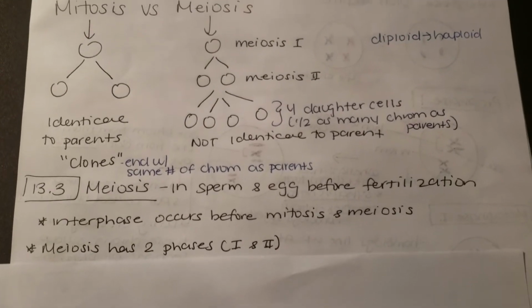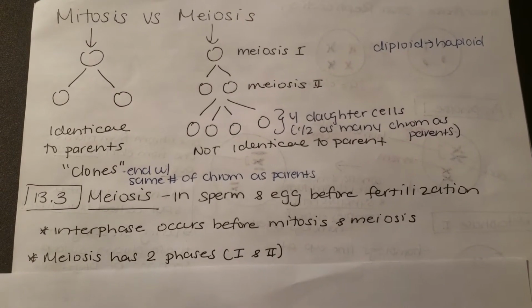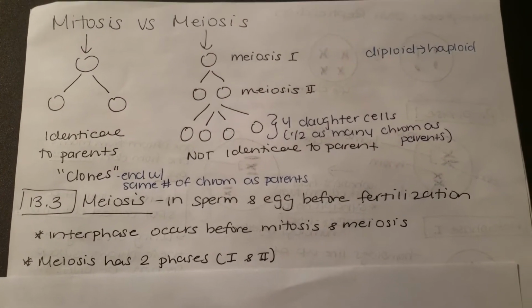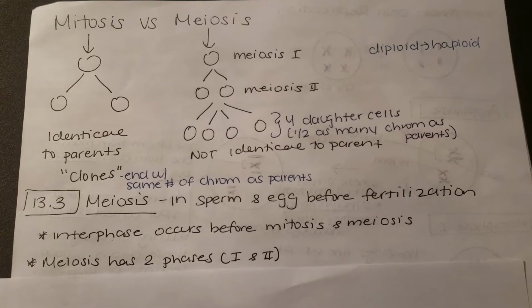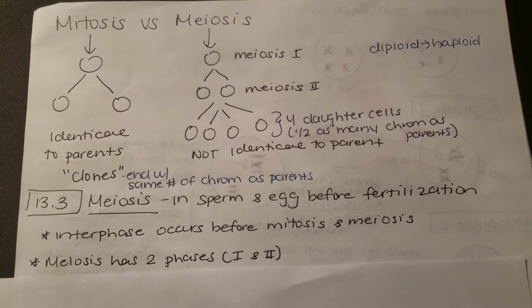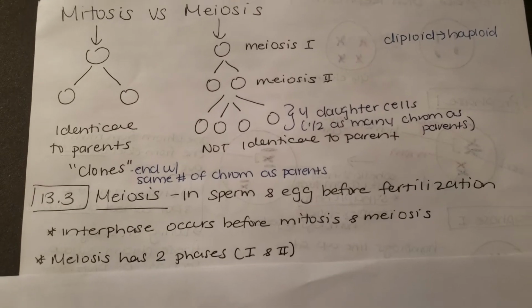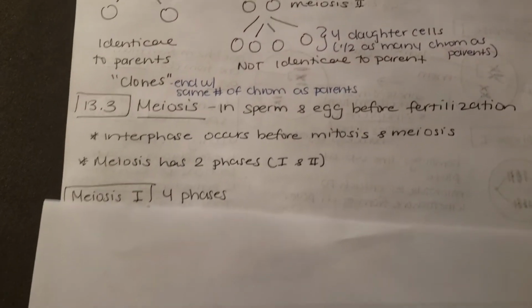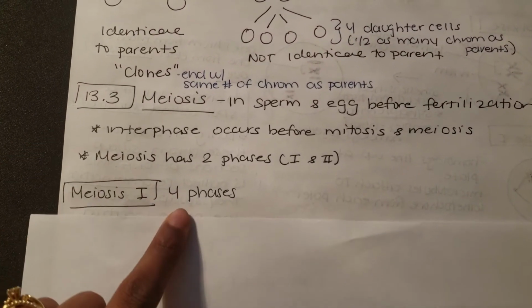So as we go through talking about meiosis, we're going to talk about each of the stages and what happens in them. And then you can get a better understanding of why that is so important for our gametes to go through them. So to start off, meiosis 1 has 4 phases.